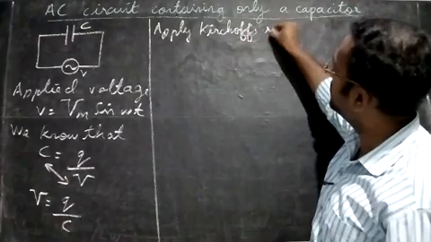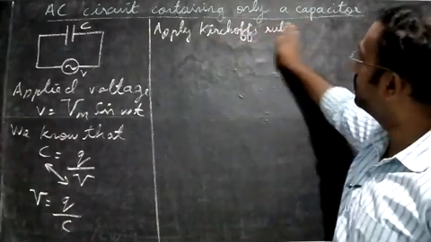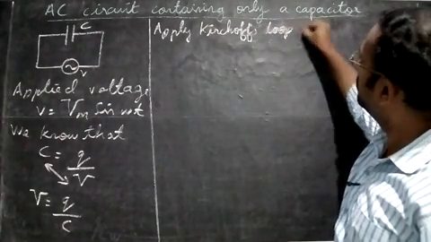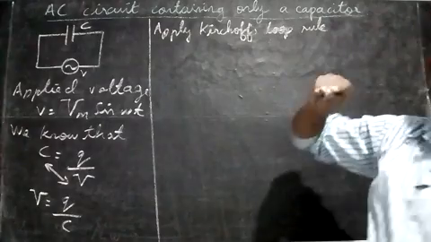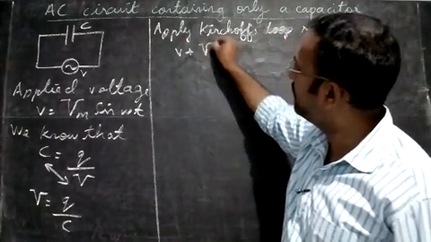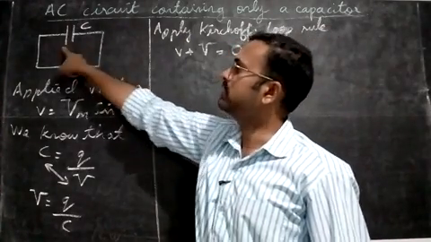You can see the starting is nearly similar to all the derivations. Applying Kirchhoff's loop rule, let's see what we get. Small v plus capital V is equal to 0. Small v is this one, and capital V is the voltage across the capacitor.